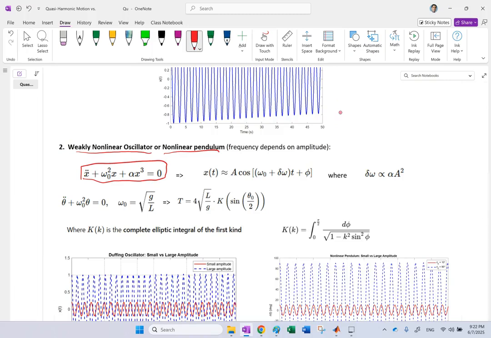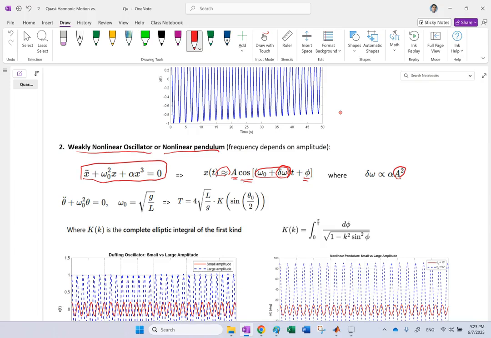But if you look at a Duffing oscillator, the solution is approximated by a constant magnitude times a cosine function with a constant phase. The only difference is that the frequency of this response has a term in it that depends on the amplitude. So if you start the oscillator with a different amplitude, a different initial condition, you are going to get different frequencies.